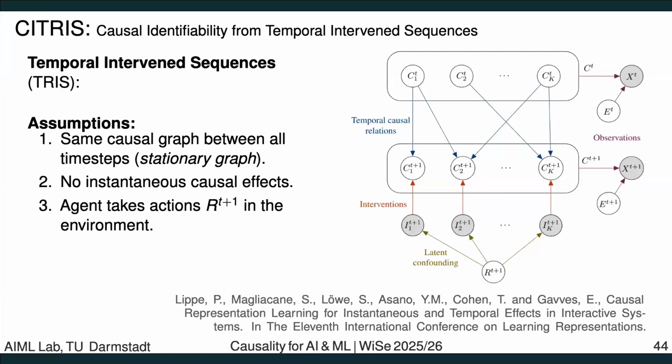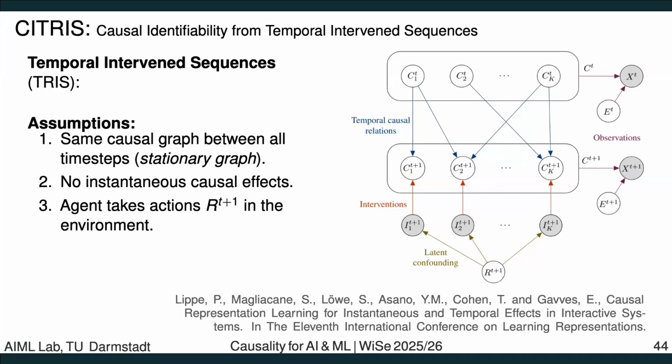So this is basically the same graph as before, only for one transition. Again, temporal causal relations, we have interventions, and we have latent confounding. So basically this agent might take several interventions, might modify several causal variables or latent variables.